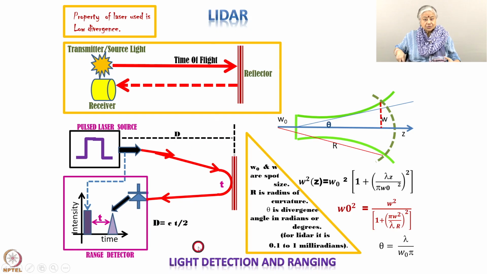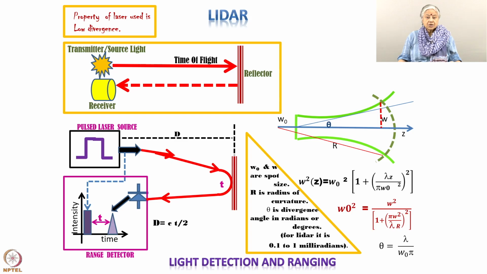But the same principles are used. You want to range the object, you want to know how far the object is, you want to know how much absorption and how much emission it has in the wavelength that you are using. You want to know everything about that object you are trying to range.